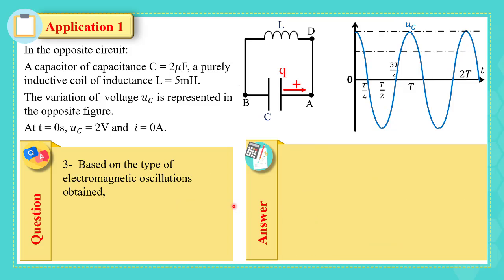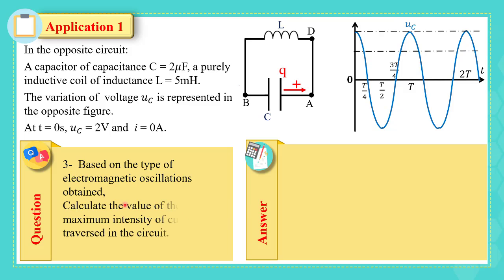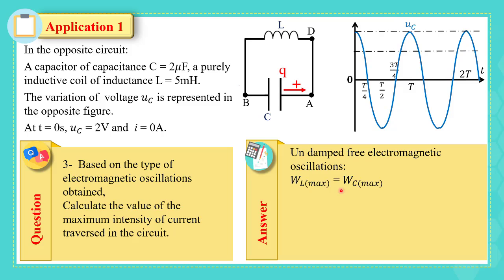Part 3, based on the type of electromagnetic oscillations obtained, calculate the value of the maximum intensity of the current traversed in the circuit. In the case of undamped free electromagnetic oscillation, the maximum value of the magnetic energy will be equal to the maximum value of the electric energy. So half L I maximum squared equal to half C UC maximum squared.